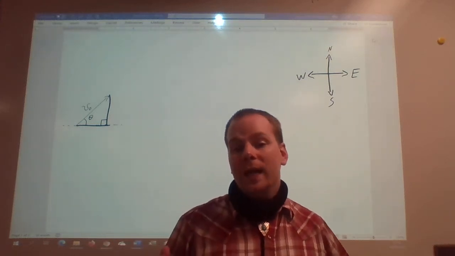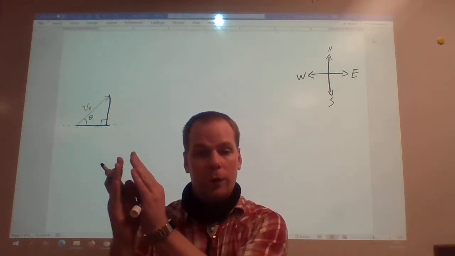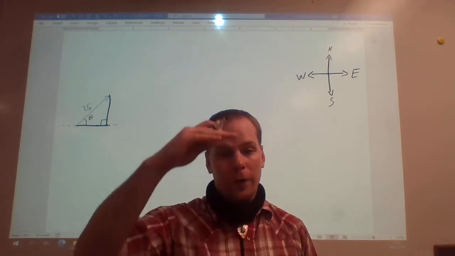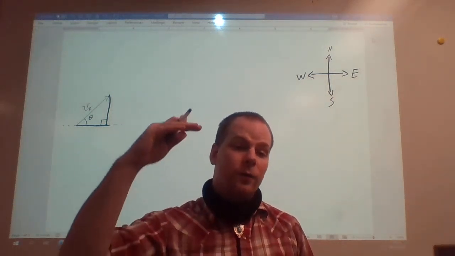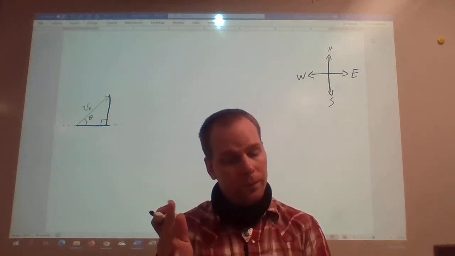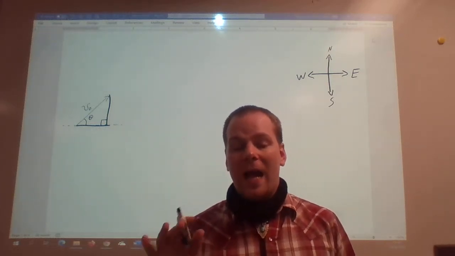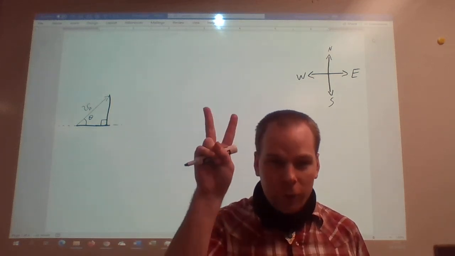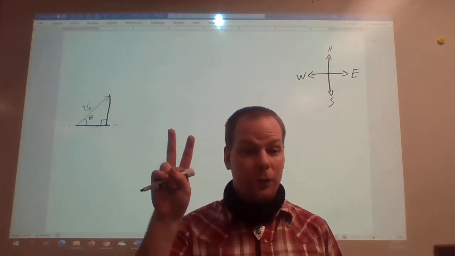From that, we can calculate its initial horizontal velocity and its initial vertical velocity. How fast it's rising, as well as how fast it's traveling to the side initially. To do that, we have to use trigonometry.